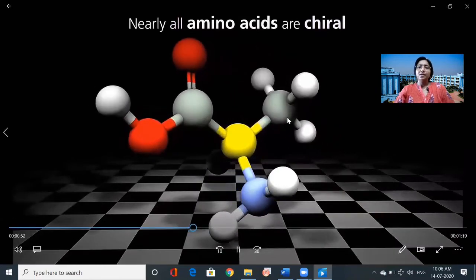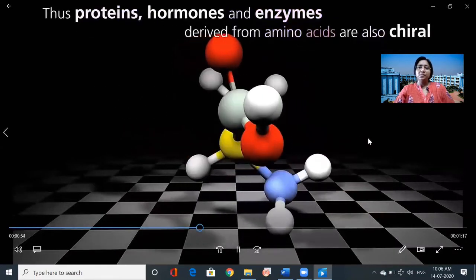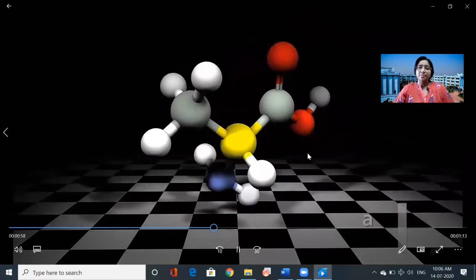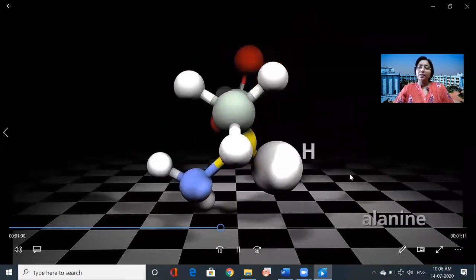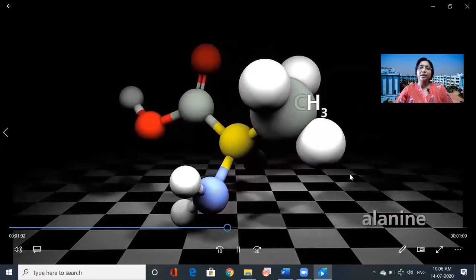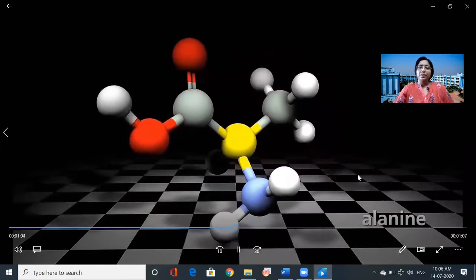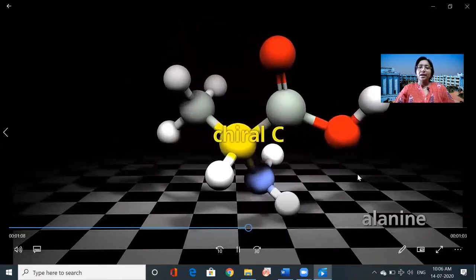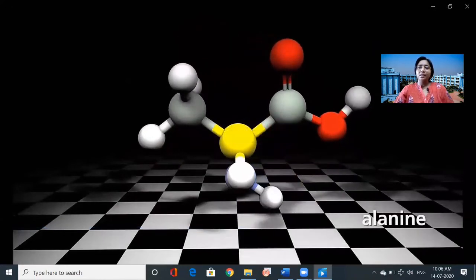Here are different amino acids and the proteins, hormones, enzymes derived from the amino acids. These are different examples. You can see which have the chiral carbon.